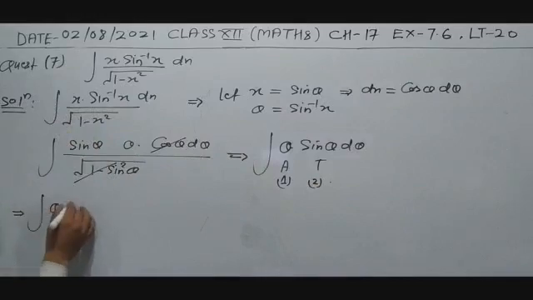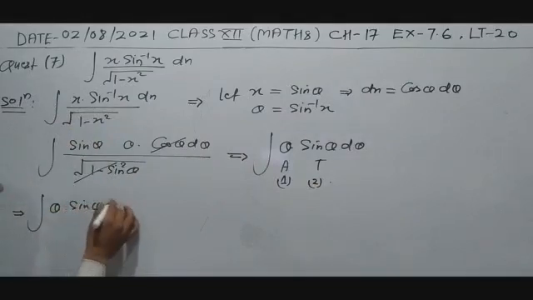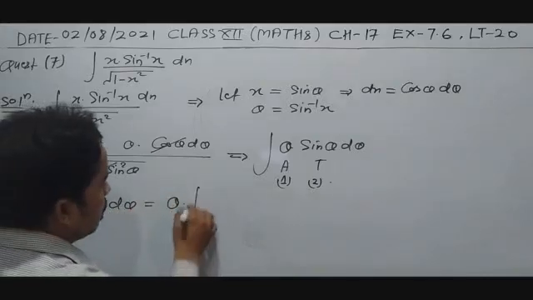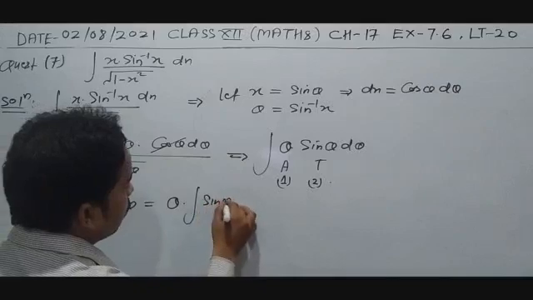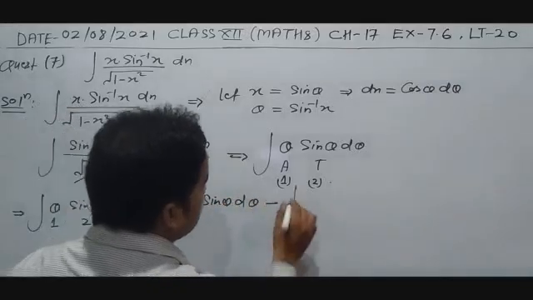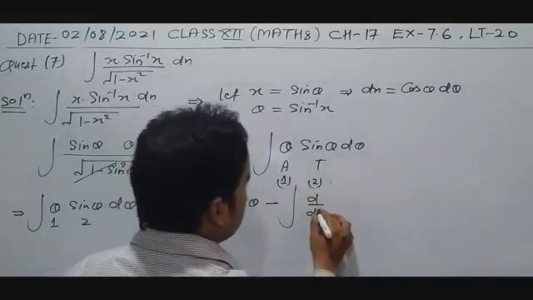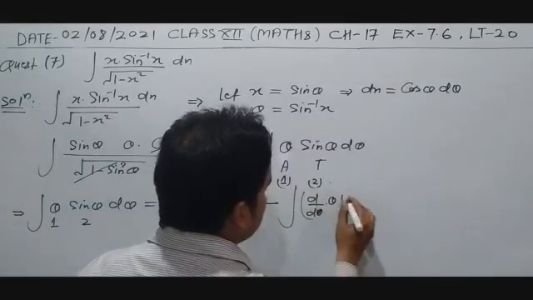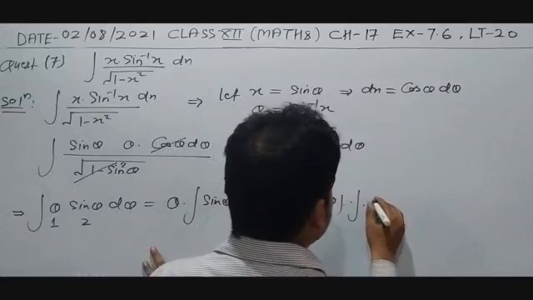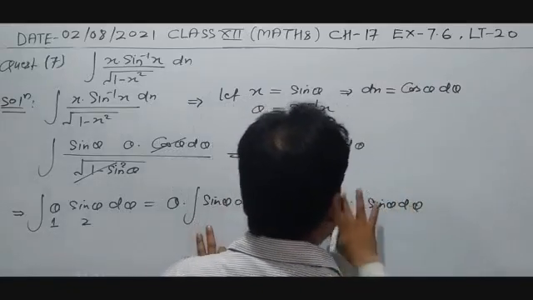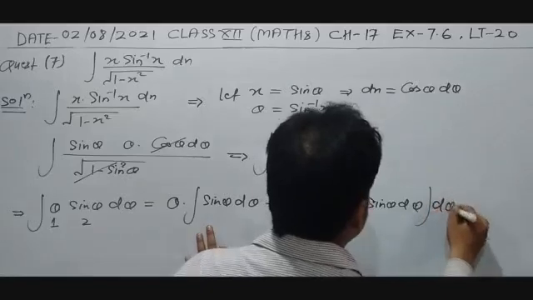So its result will be, say, integration over theta times sine theta d theta, means this is first and this is second. Result will be first function integration of second function minus integration over d by d theta of theta into integration of sine theta d theta whole d theta.